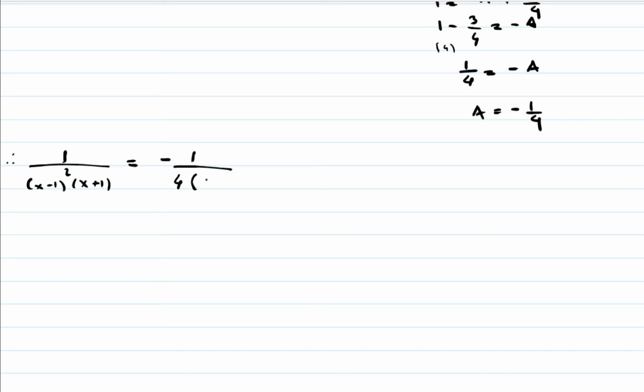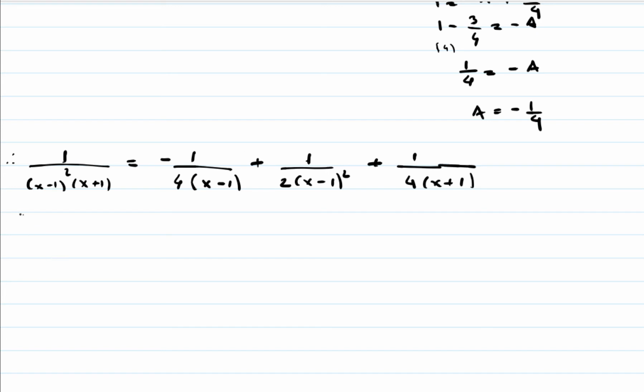The value that we're having there was x minus 1, so this becomes minus 1 divided by 4 times x minus 1. For the b, we're going to have 1 divided by 2 times x minus 1 square. This 1 by 2 is the value of b. And for c, we're going to have 1 divided by 4 times x plus 1. This is the value of this expression.